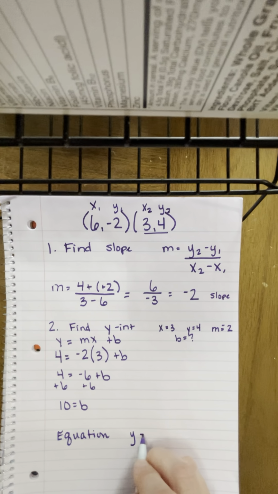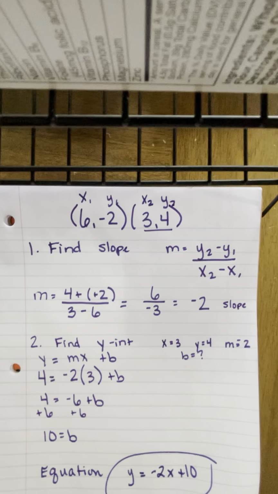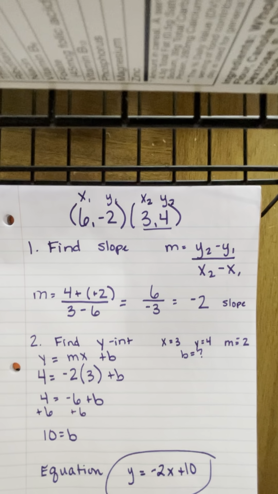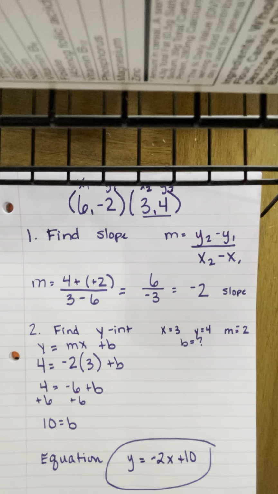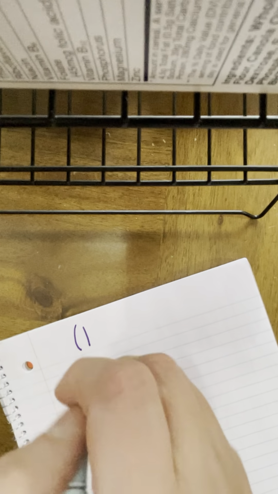Last example. Again, if you didn't get this right, go back, check, see what you did wrong. So let's look at the last example that we're going to do. The points are (1, 3) and (-2, 5).